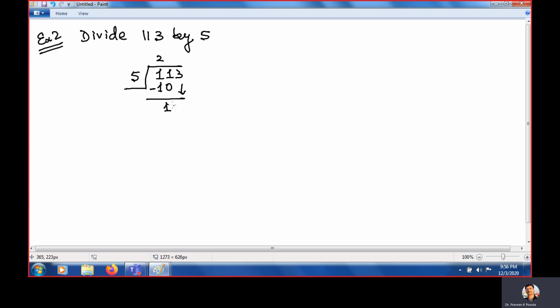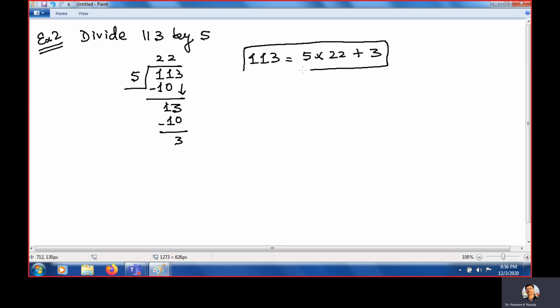Bring this 3 down. This is 13. 5 times 2 is again 10. And if you subtract, it will be 3. So this can be written as 113, the dividend, is equal to the divisor 5 into quotient 22 plus 3 remainder. This is how we are writing it. You need to learn how to write it.